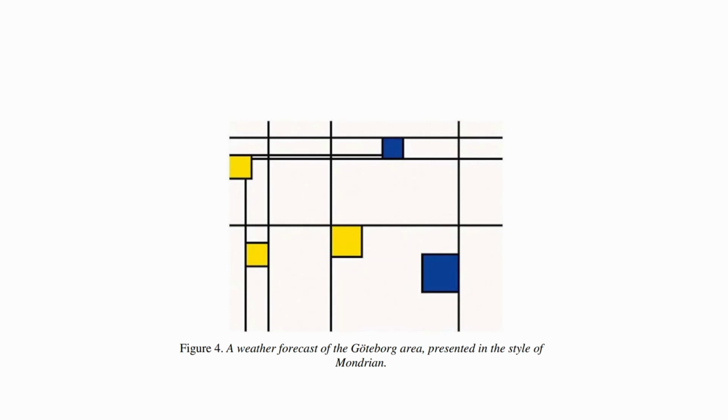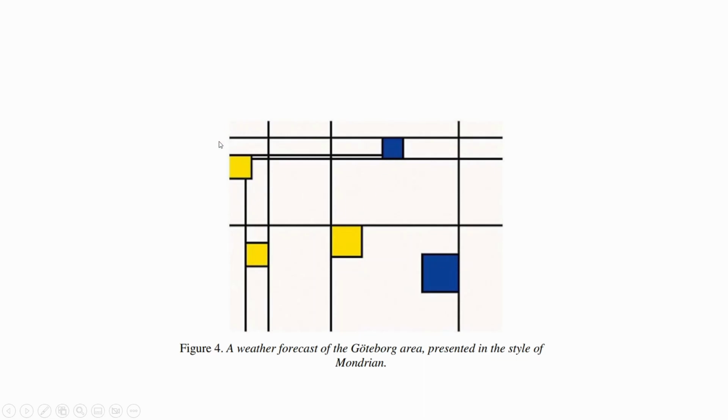To see how adaptive the informative art of Mondrian is, they went to universities and asked a bunch of students what information they would like to see, and they came up with a weather forecast, also using the Mondrian art, reading left to right, up to down. So in this art, from the left you can see yellow, blue, yellow, yellow, blue. It displays the weather within 5 days.